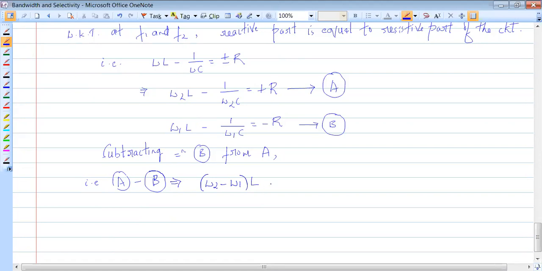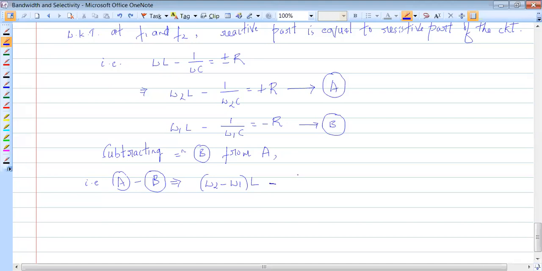Similarly, we have to subtract B from A. What would it become? So this is minus, right? You can keep that minus out. Can we keep that minus out?